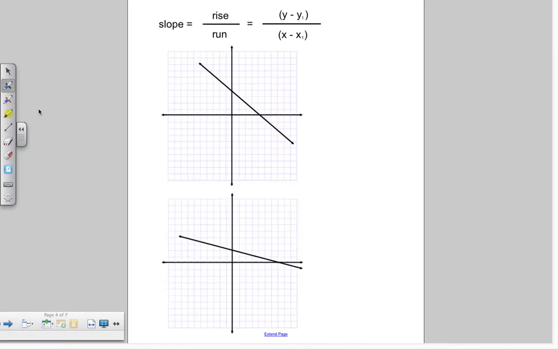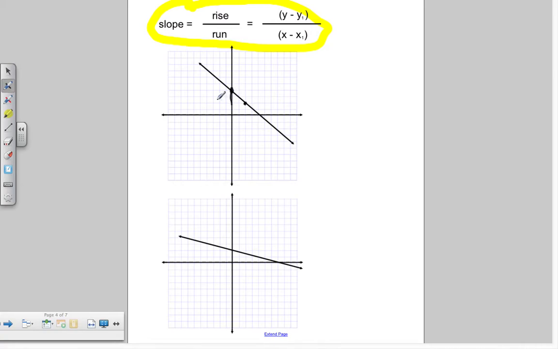Okay, so now here's my cheat sheet up here. This is a very important rule, as I've already told you. If I'm going to compute the slope of either one of these 2 lines, I have to use one of the 2 methods that I've just taught you. So let's use the rise over run method for the first one. So I'm going to find 2 points. Looks like here's a point right here, and here's a point right here. And I'm going to say, okay, what's my rise over run? Well, this one I'm not actually rising, I'm actually dropping 2.